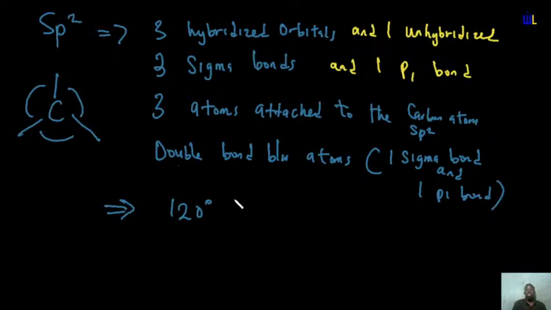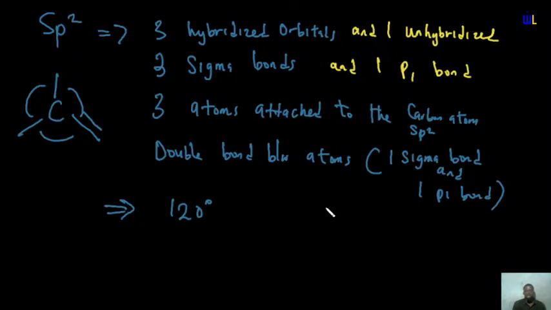Did I say 120 degrees? Yes, 120 degrees. So each of these angles is 120 degrees on each side. But remember that there must be at least a double bond existing because it is sp2. Remember the double bond, I explained how it is formed. The pi bond always attaches itself to a sigma bond.